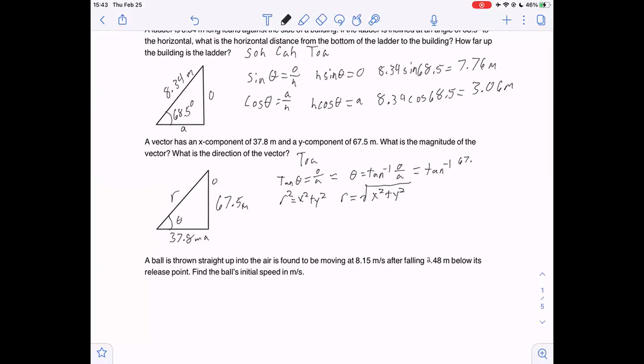So we got 67.5, 37.8. Make sure your calculators are in degrees. And what is our theta?